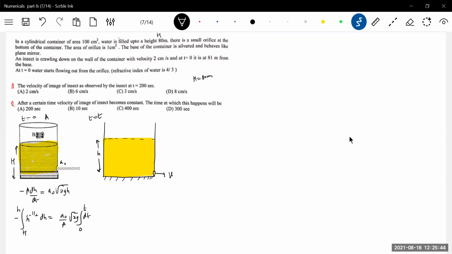If somewhere by chance you are wrong here, it's gone. Though you know this question, due to lack of memory, you lost these two questions. Minus 1 by 2 plus 1. Okay, 1 by root h, sorry.